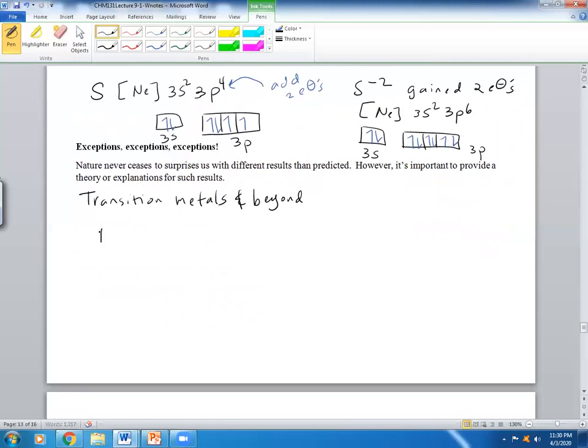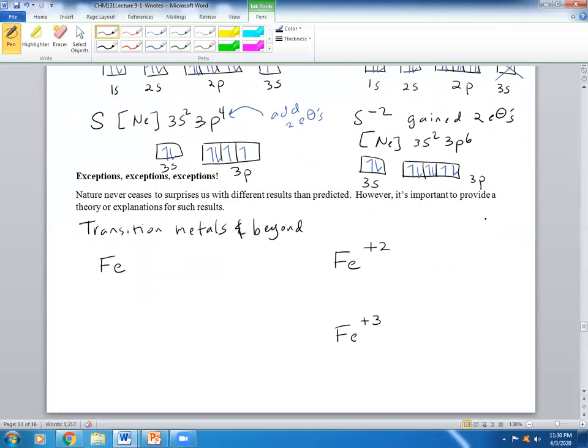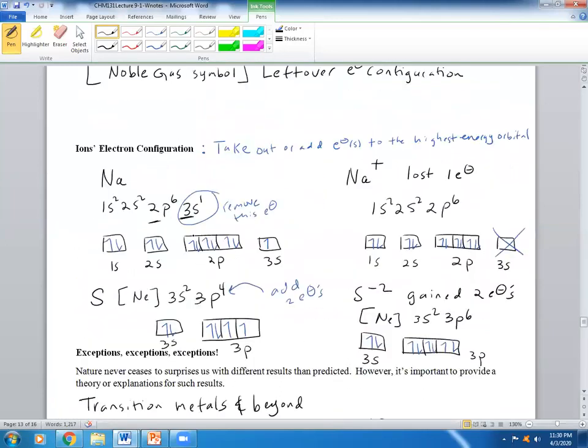So let's look at Fe. Fe2+, Fe3+. If you look at Fe, and by the way, I might say an exception, but if you remember what this says, you should be okay. This is going to guide you and help you. Remember what the highest energy orbital means.